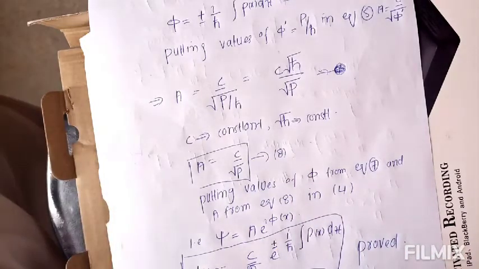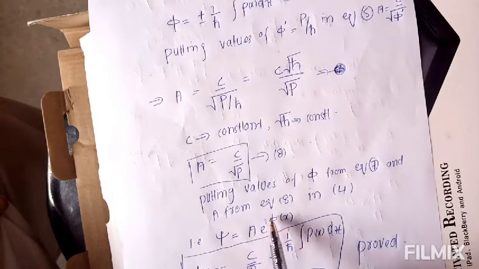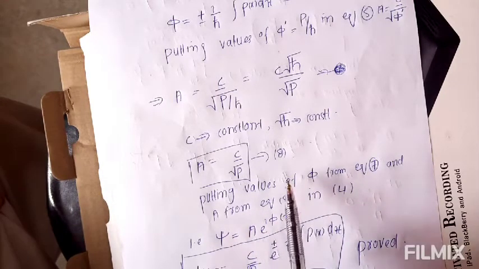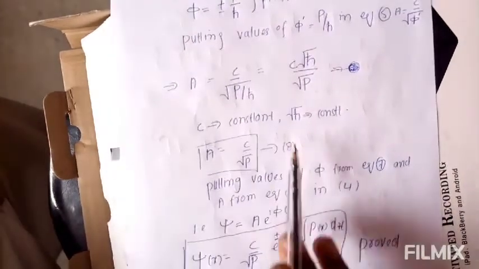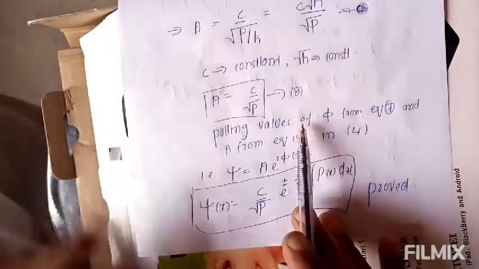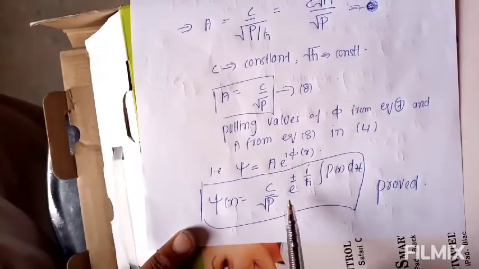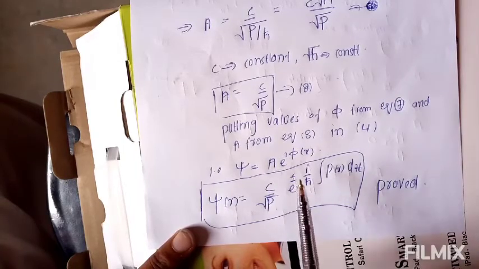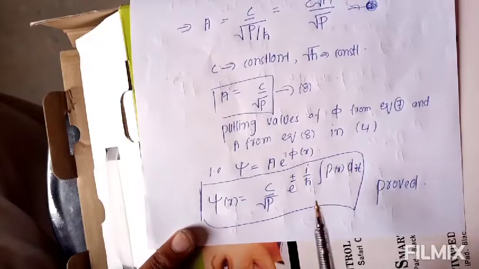We already know equation 4 is psi is equal to a e to the power i phi of x. So putting equation number 7 and this simple equation, it will become psi of x is equal to c over p under root into e power plus minus i over h cut into the integral of p dx. Hence proved.